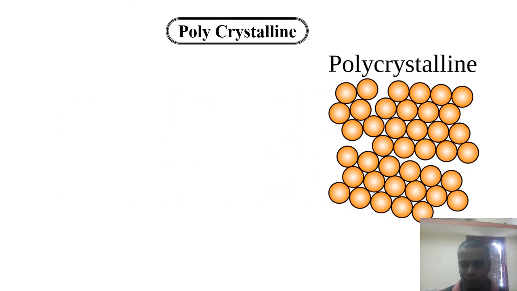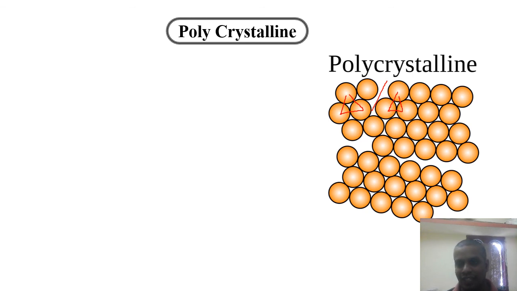The next category is the polycrystalline solid. Look at the diagram here. If you look at this diagram, the crystal lattice here is triangular, and here it is also a triangle. But if you look at these two, there is a gap in between because the arrangement of those shapes is different.